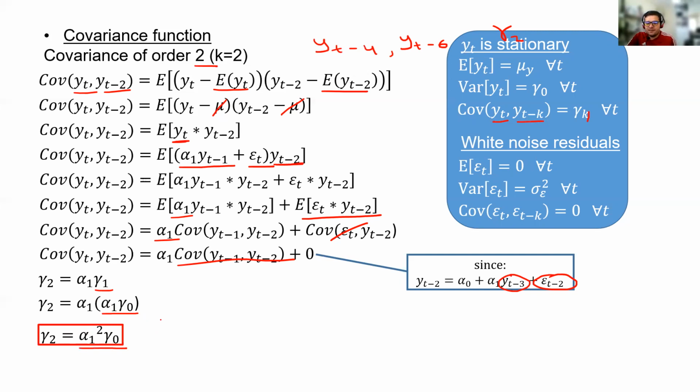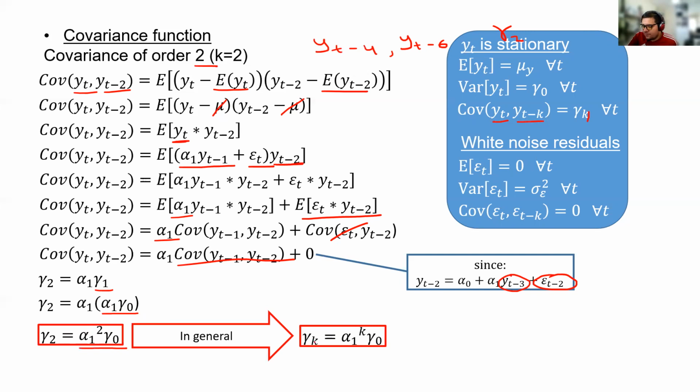The pattern is that for every subsequent order, the covariance function will be alpha 1 to the power k, the order, times gamma 0. Okay? And yeah, so that way we can generalize, and we don't need to do any other orders for that purpose.